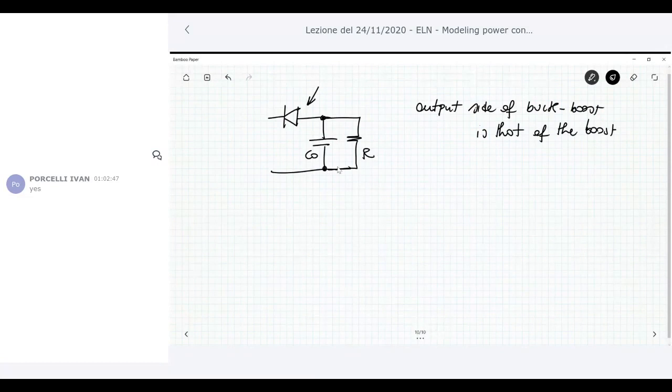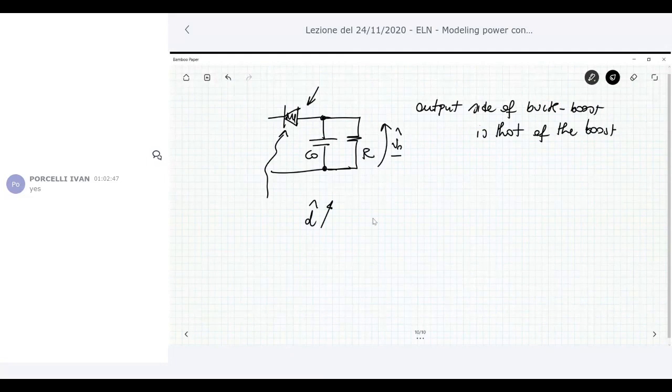But remember what I said about the position of the diode here in the boost, that this is responsible for the right half plane zero of the boost operated in CCM. Because if you want to increase the duty cycle in order to increase the output voltage, then you have to delay the turn on of this diode. If you have to increase V naught, you have to increase the duty cycle, but then when you increase the duty cycle, you are slightly delaying the turn on of the diode.